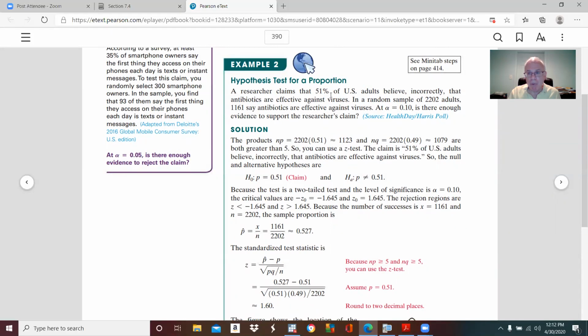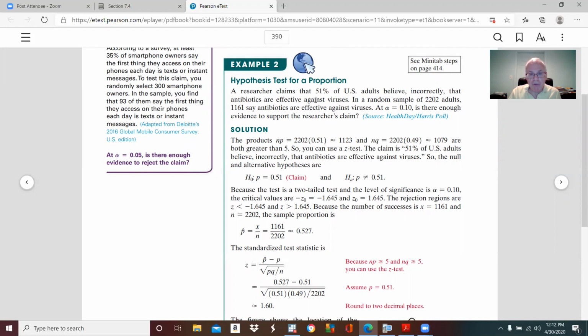It just says that 51%, same thing as saying is 51%. That's the null hypothesis. The null hypothesis is the claim. Since it's equal to, the alternative hypothesis must be not equal to. So the wording tells you what type of hypothesis it is.